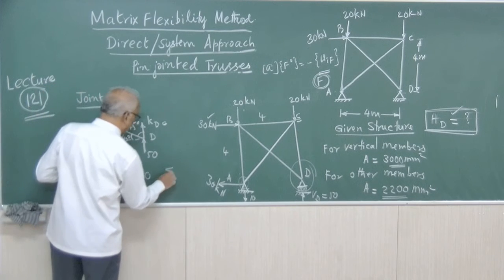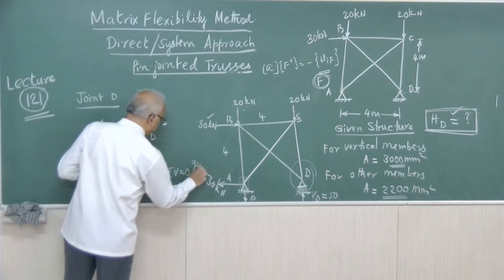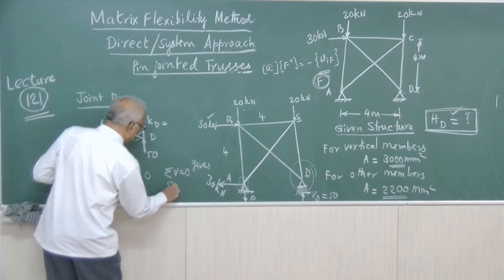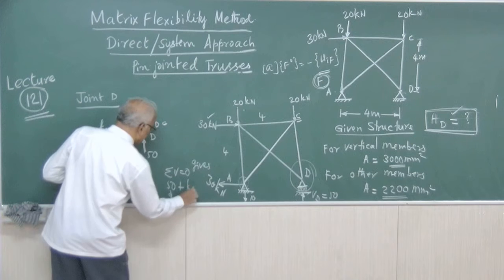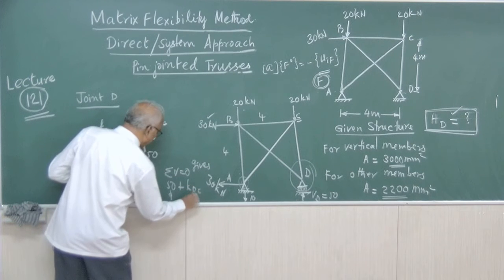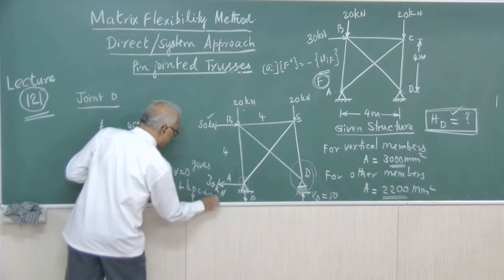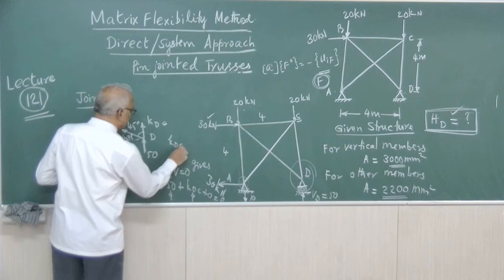Then sigma V equal to 0 gives 50 in the upward direction plus KdC in the vertical direction, and the KdB term will become 0. Therefore, we find that KdC equal to minus 50.